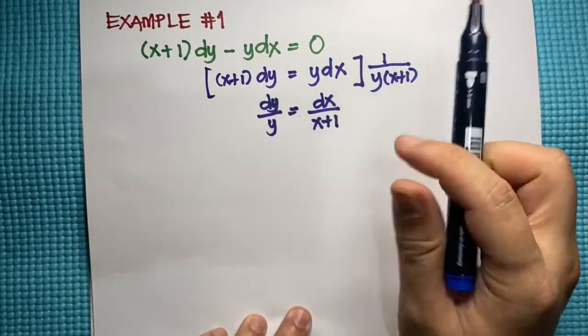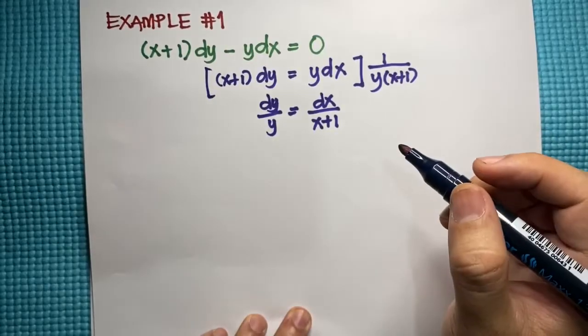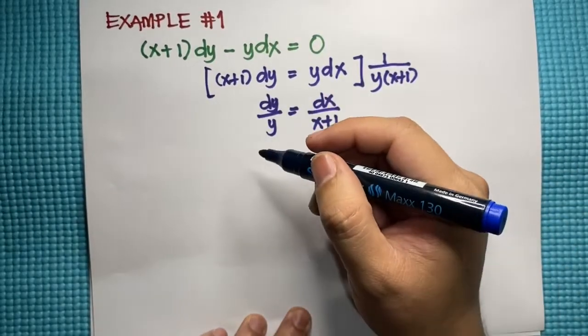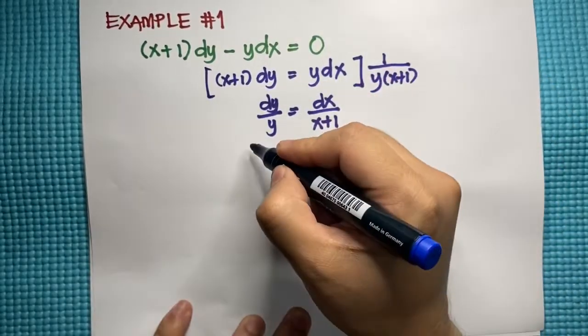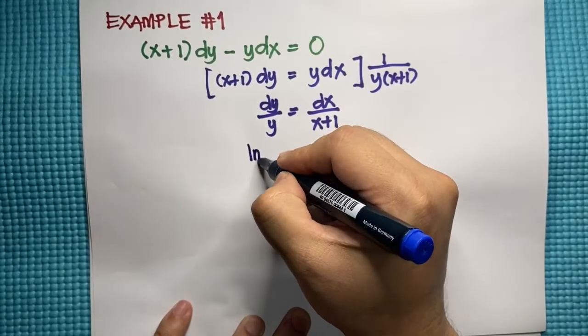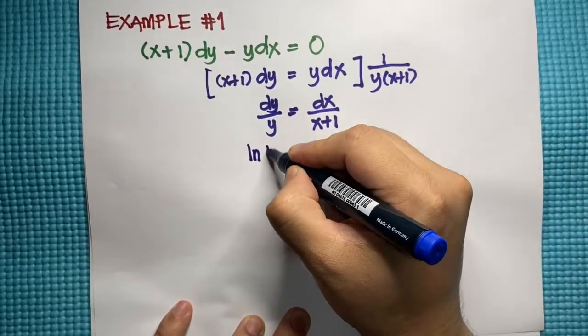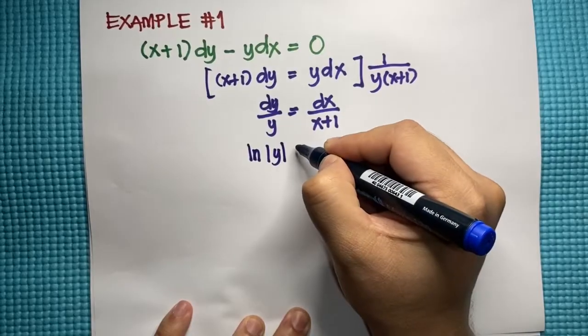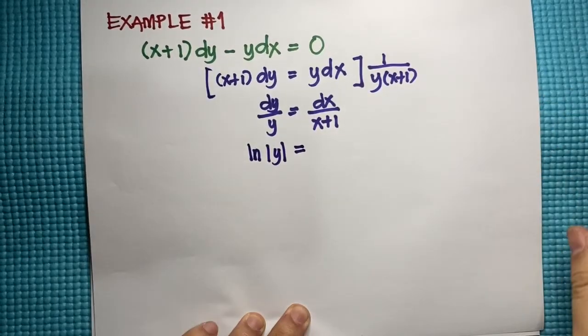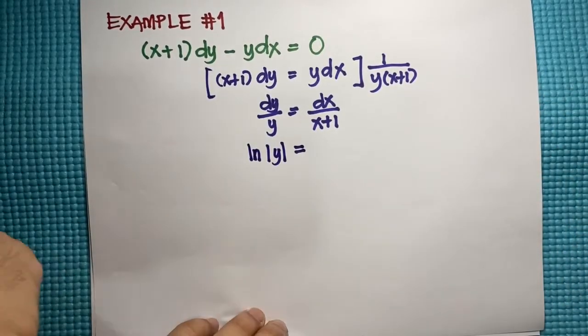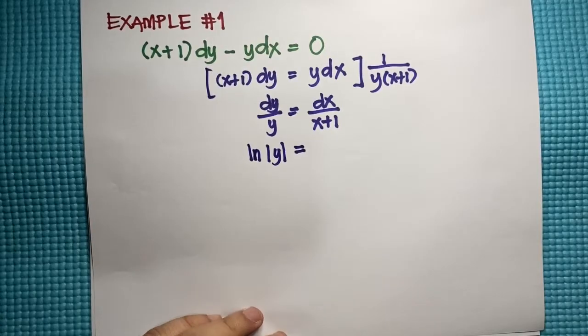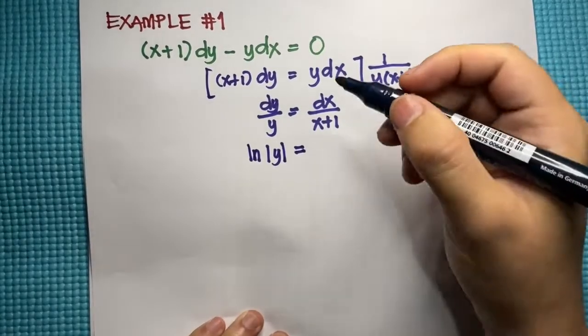The integral of dy over y is the natural logarithm, so this would be equivalent to ln y, and that would be equal to the integral of dx over x + 1.